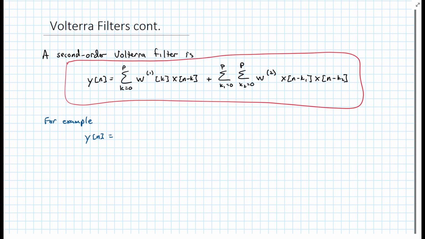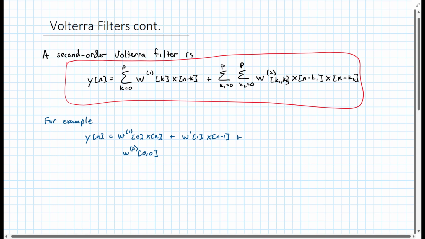we could have y of n equal to w1(0) x of n plus w1(1) x of n minus 1. Let's just keep p equal to 1 at this point, plus, and then we have w2. I forgot to put this in there, k1 k2.